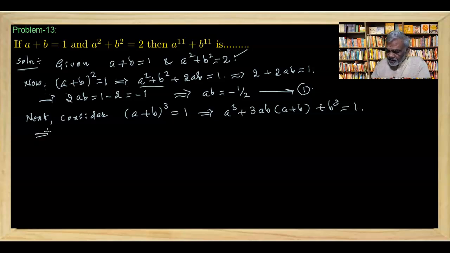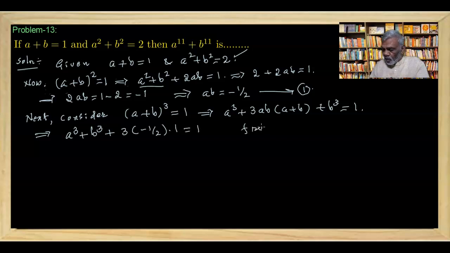And this implies that a cube plus b cube plus 3 into ab, that is minus 1 by 2, into 1 is equal to 1.